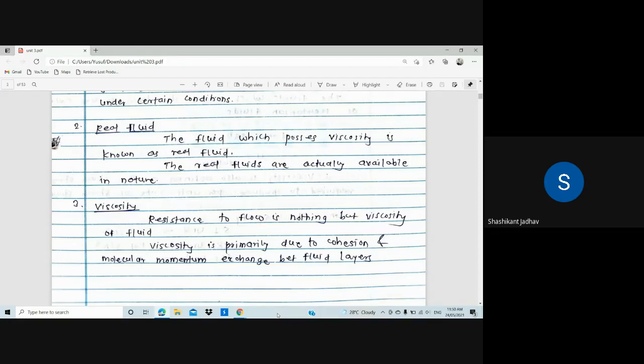The next line: viscosity is primarily due to the cohesion and molecular movement exchange between fluid layers. A fluid has a number of layers; one layer acts with shear stress on another layer, and the second layer acts with shear stress on the first. Because of that, resistance arises.